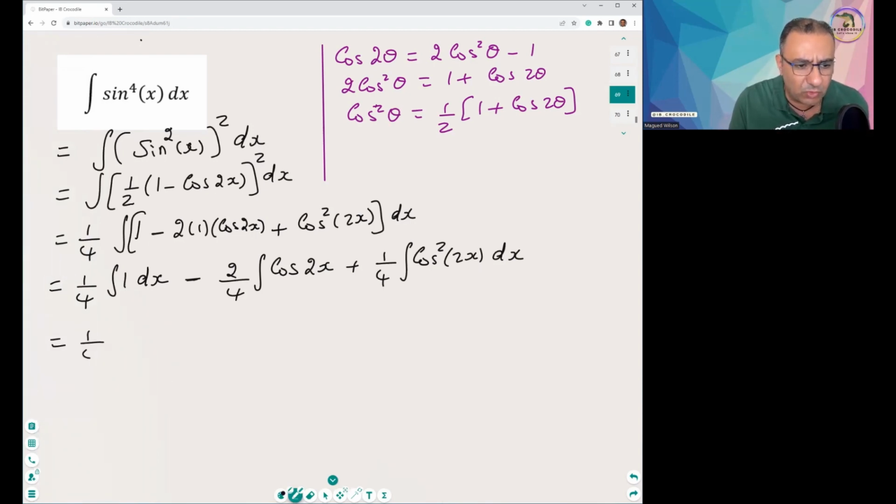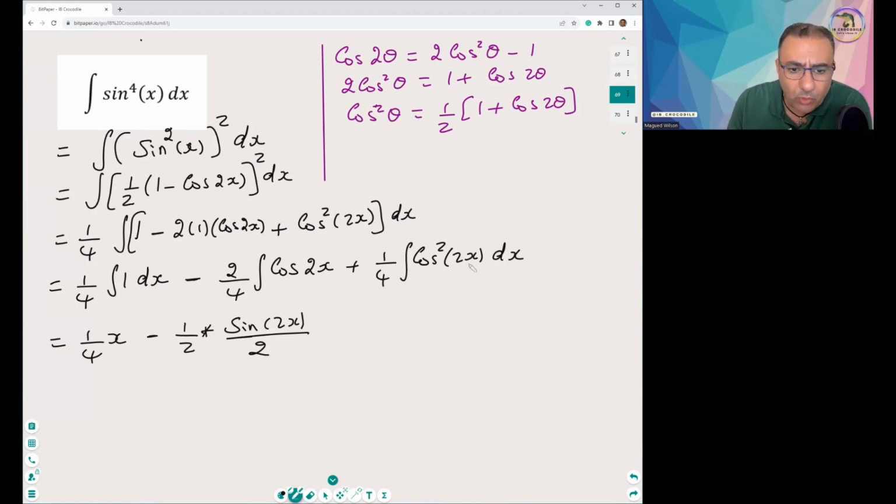So basically it's going to be 1/4 x. And then here we have 1/2. The integration of cosine is sine. So it's going to be sine 2x, but then you have to divide by the coefficient, because you have a coefficient here too, not just cosine x. If it was just cosine x, the integration of cosine x is just sine x. But if you have a coefficient, you always divide by the coefficient of the angle.